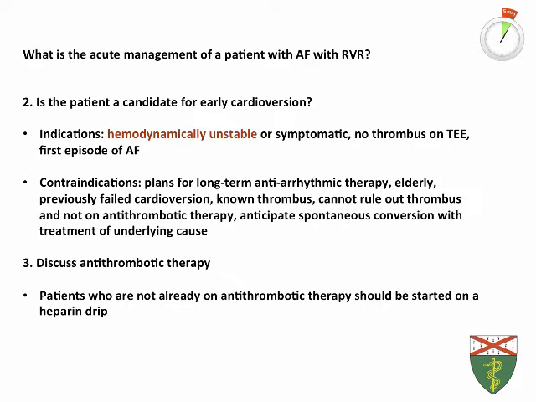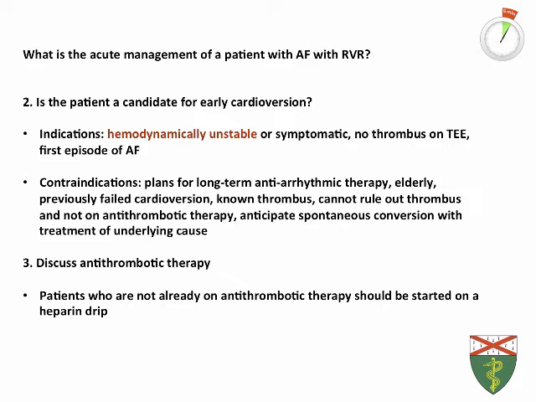What is the acute management of a patient with AFib with RVR? The next step is considering whether the patient is a candidate for early cardioversion. Some common indications are if the patient is hemodynamically unstable or symptomatic, no evidence of thrombus on a transesophageal echocardiogram, and if this is their first episode of AF.